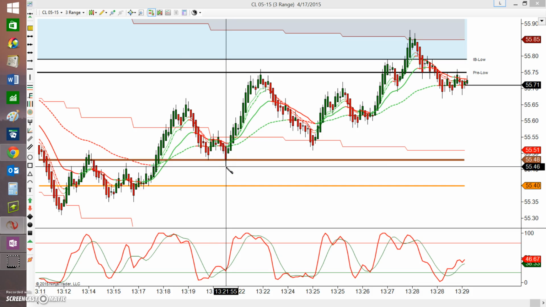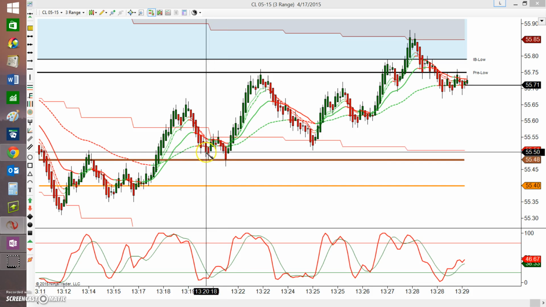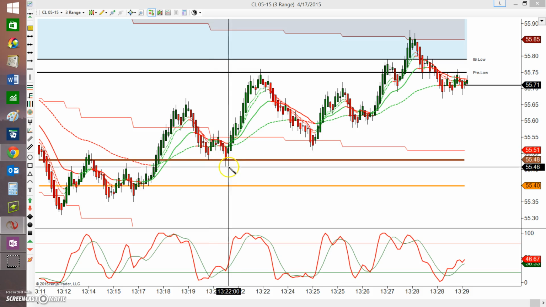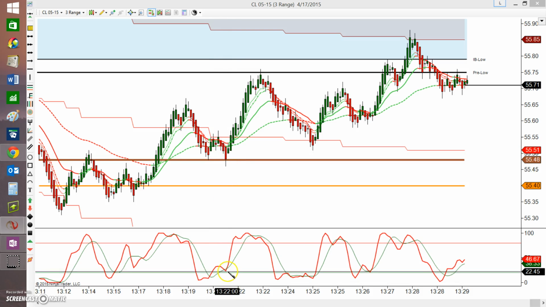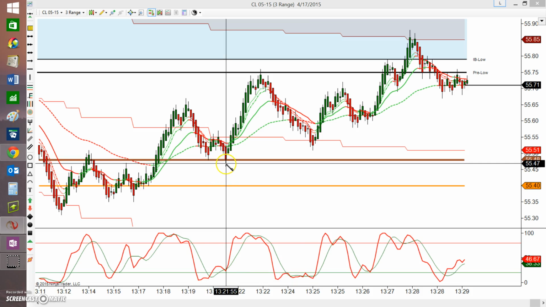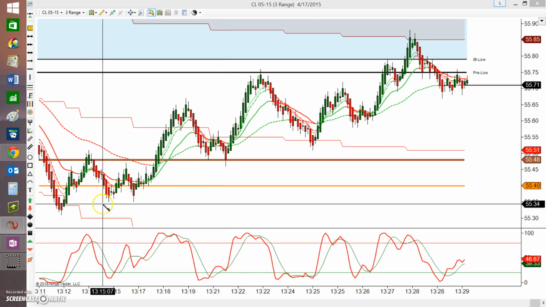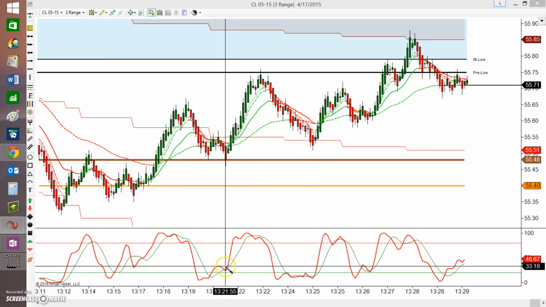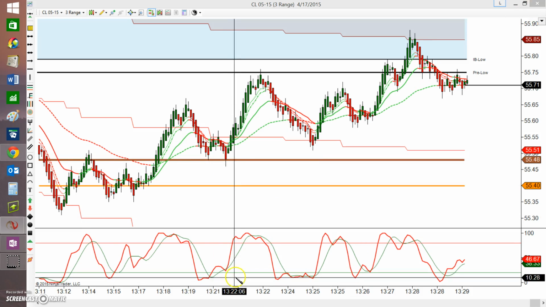So it's like, how do I trade pullbacks? How do I know when to get in? I get trapped here. Well, wait for the divergence. Okay? And when you see the divergence, you know that the pullback has ended and you can get back in the direction of your trend at that very moment.